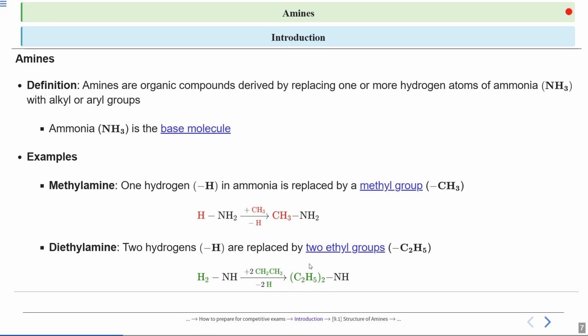So the structure which we have got is diethylamine. Di because we have 2 ethyl groups. So in methylamine, we have replaced 1 hydrogen of ammonia by a methyl group, and in diethylamine, I have replaced 2 hydrogens by 2 ethyl groups. So we got methylamine and diethylamine.